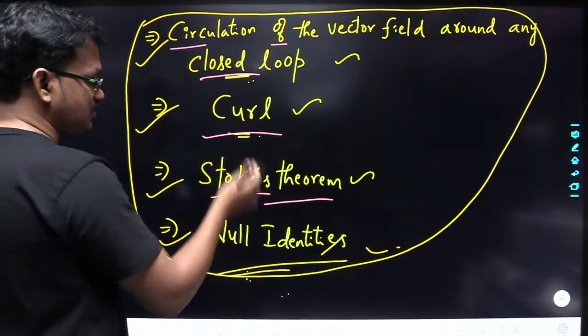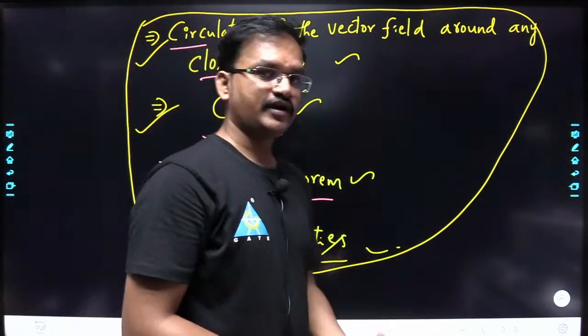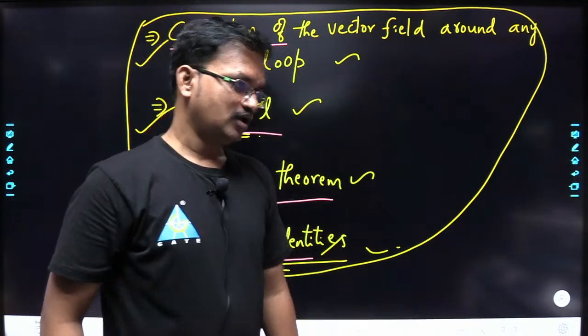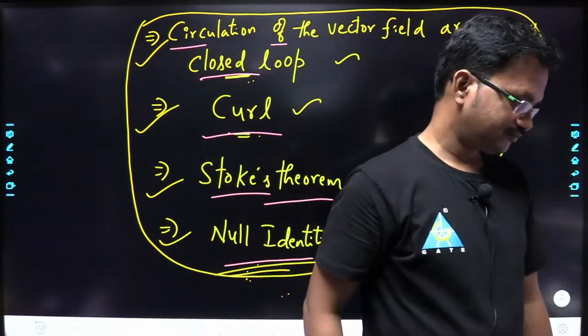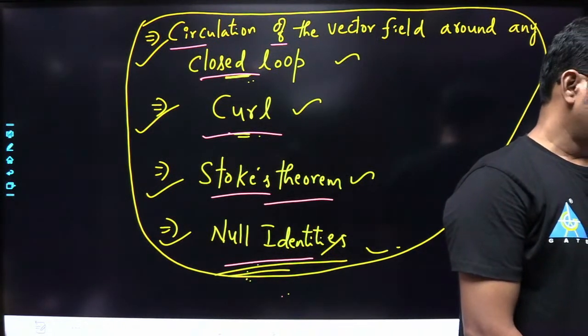After this we will cover null identities. Once we complete this, then we will enter into the statics part, that is electrostatics, right? Okay. So is this clear here up till now?